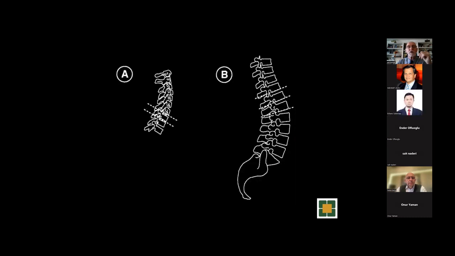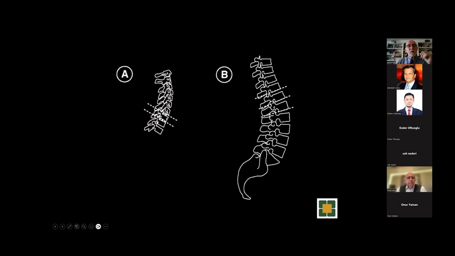There are two junctional zones in the spine, the cervicothoracic junction on the left and the thoracolumbar junction on the right. The thoracolumbar junction is very variable and changes gradually from vertebrae that have no ribs or no rib attachments to the L1 or L2 region.